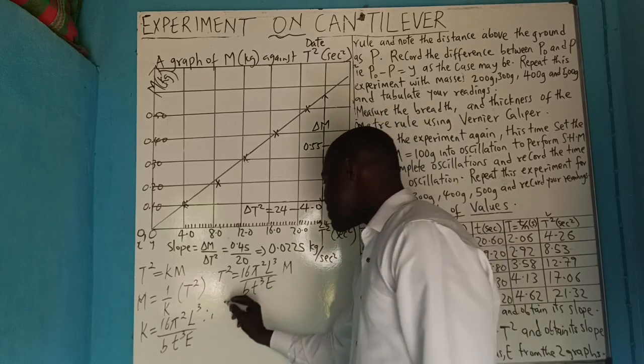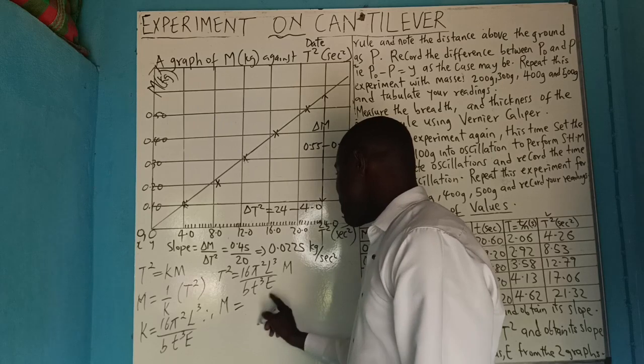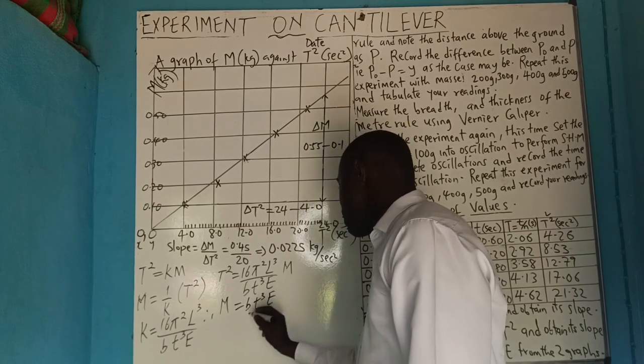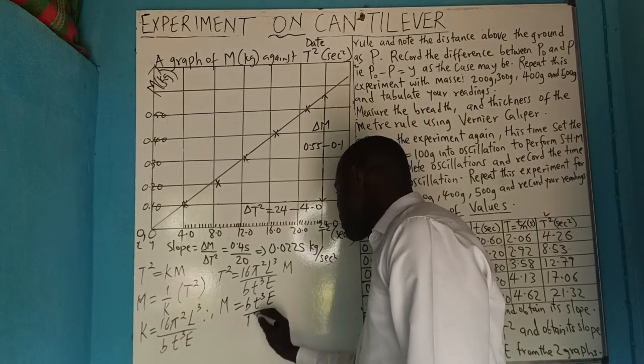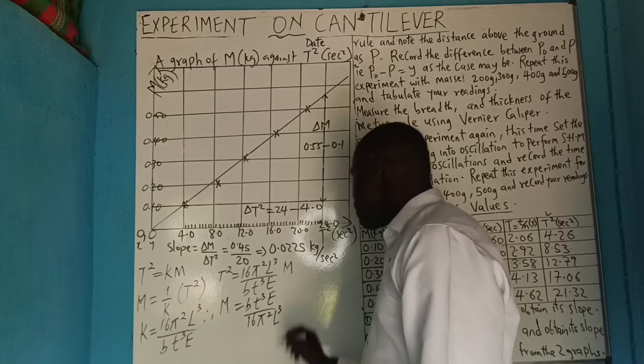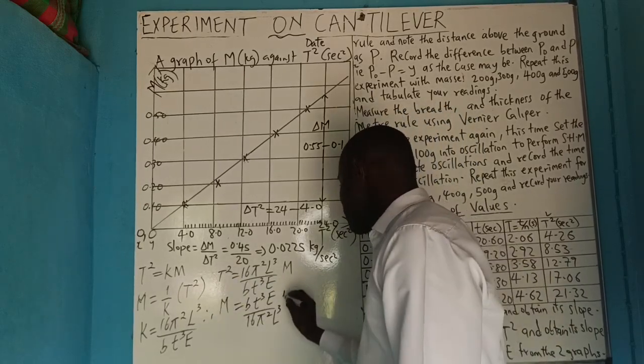You now see that m will be equals to bt cube E all over 16 pi square L cube, times t squared.